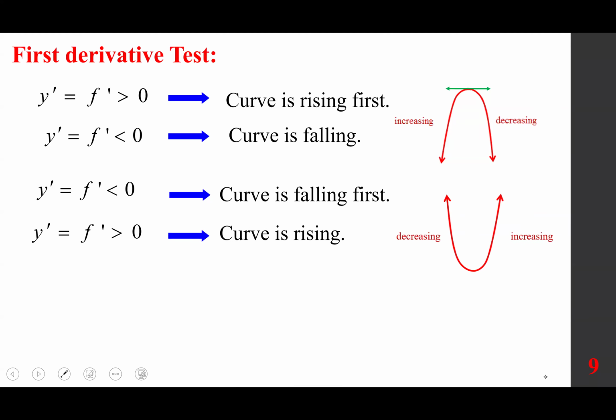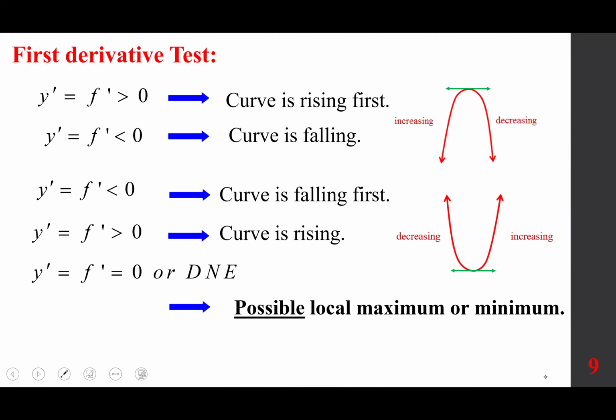Again, it creates an extremum, but this one is a local min. So y prime or f prime equals 0 or does not exist. Those are possible locations of maximum and minimum. How do you find them? Use a sign graph for this test. How do we do that? I'll show you as we look at an example shortly.